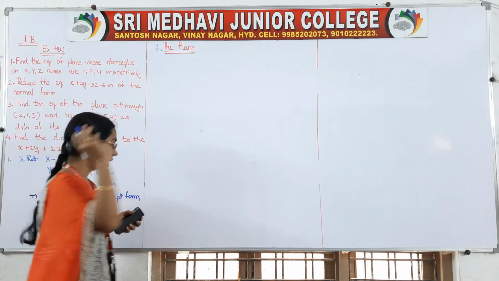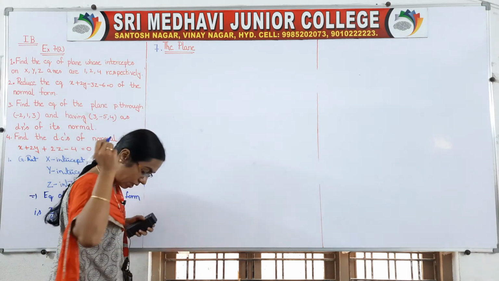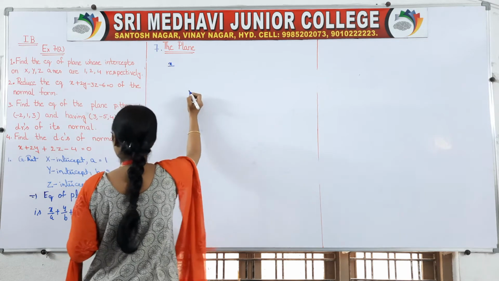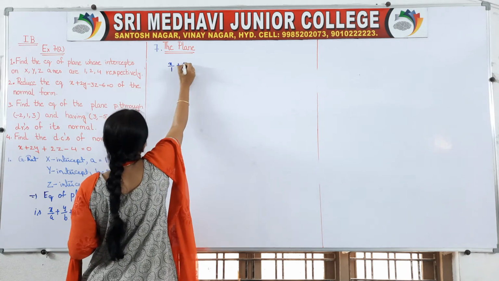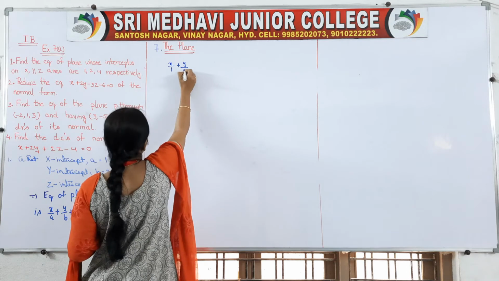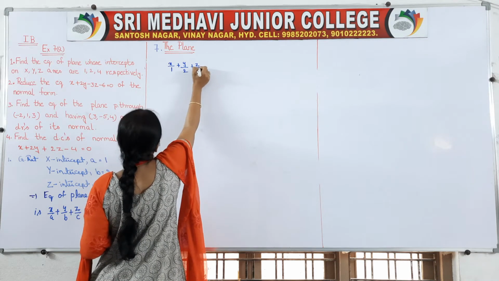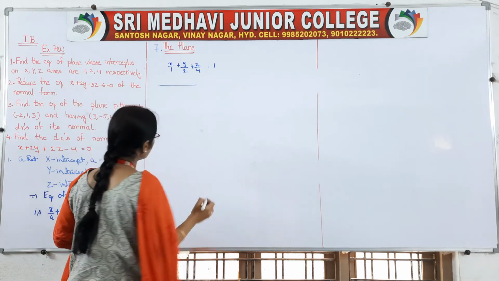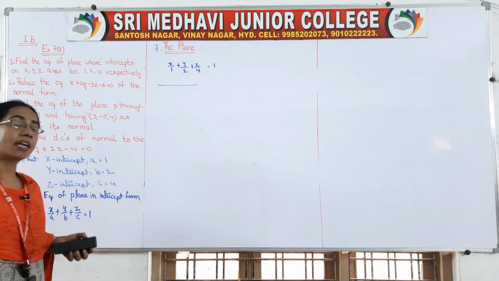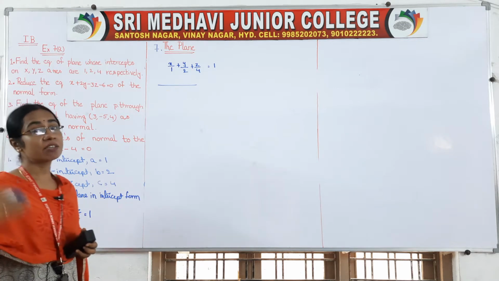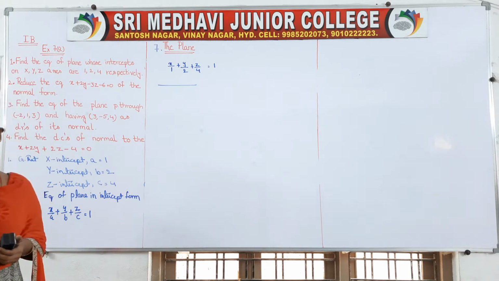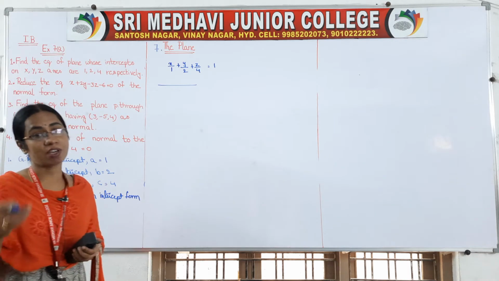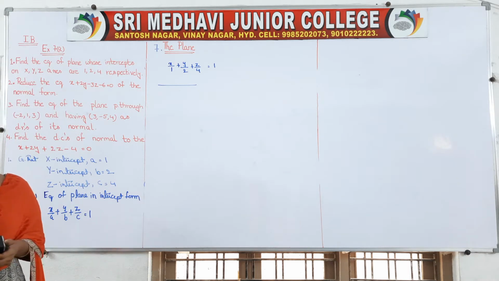You know what a, b, c are, so it is x by 1 plus y by 2 plus z by 4 is equal to 1. Here intercepts are given, write the plane equation, meaning the general equation. At the end we should get the plane equation as a general equation, that means ax plus by plus cz plus d is equal to 0 form.